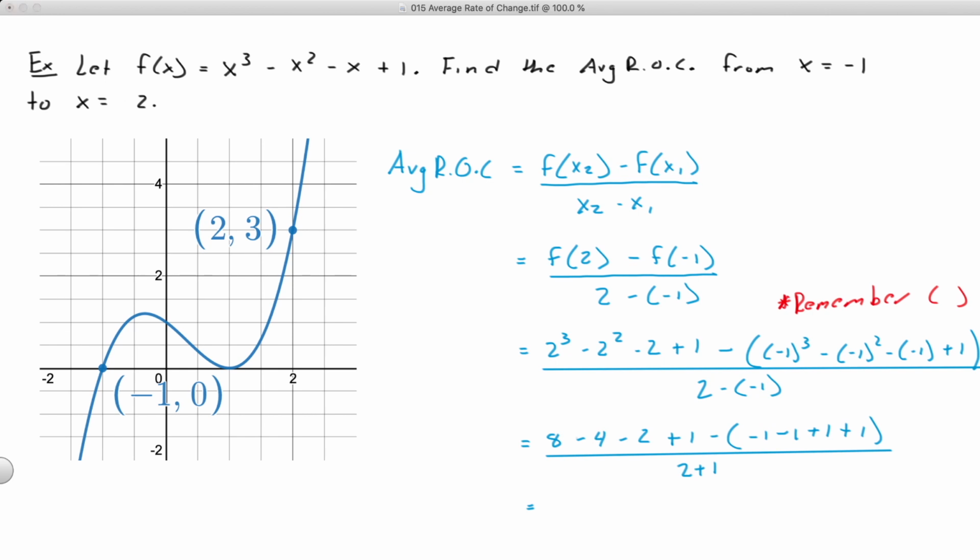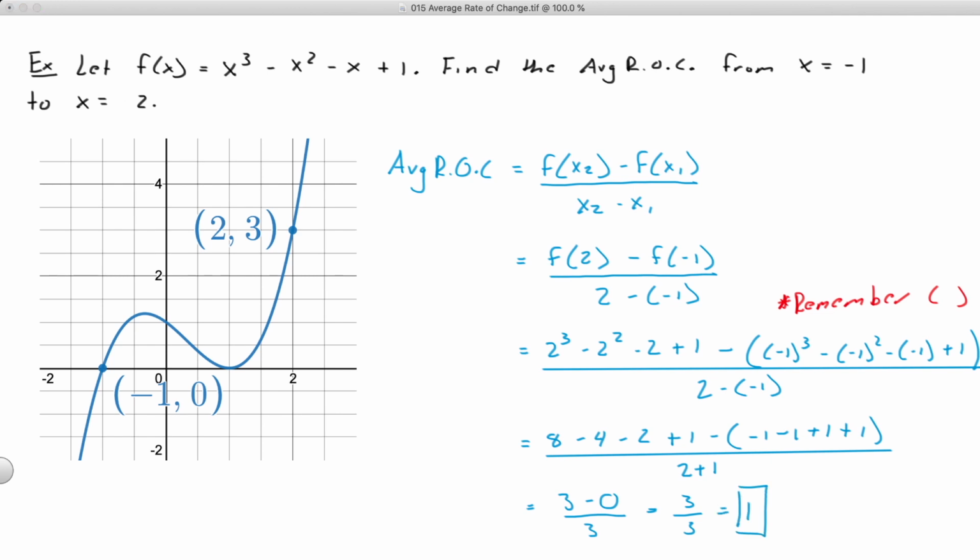And then we can do 8 minus 4, which is 4, minus 2 gives us 2, and then plus 1 gives us 3. And so we have 3 minus 0 in the numerator, divided by 3, because 2 plus 1 equals 3, in the denominator, giving us 3 over 3, or 1, as our final slope.